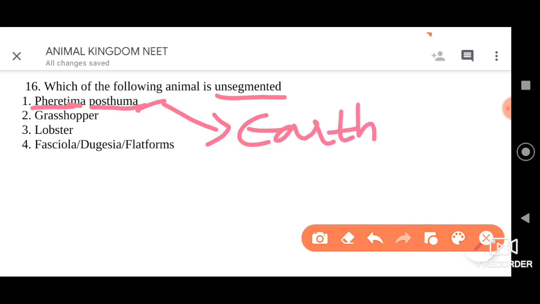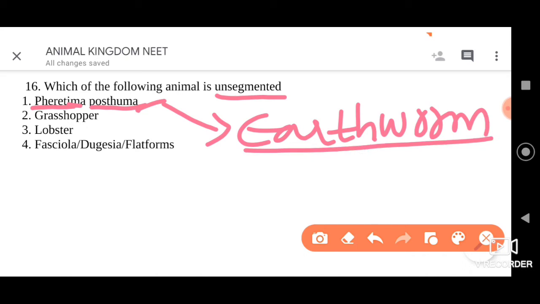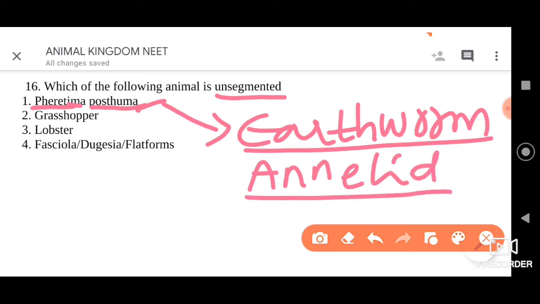In common we call Pheretima postuma earthworm. It is an annelid. We know that earthworm has approximately 100 to 120 segments in its body.